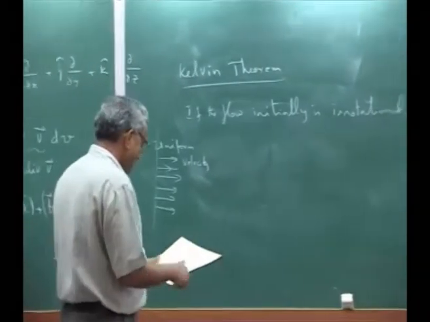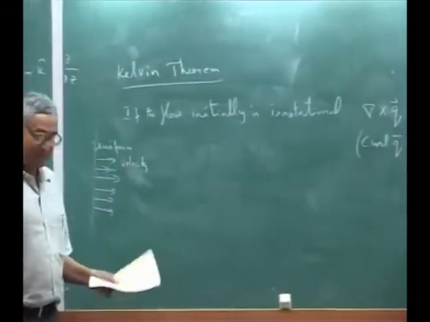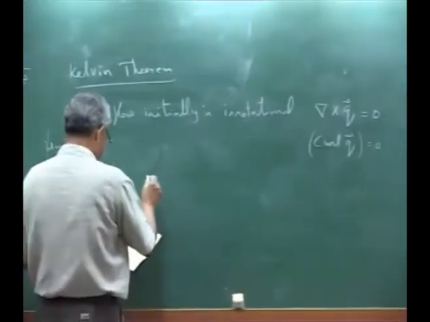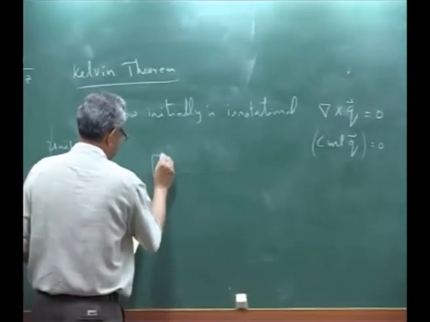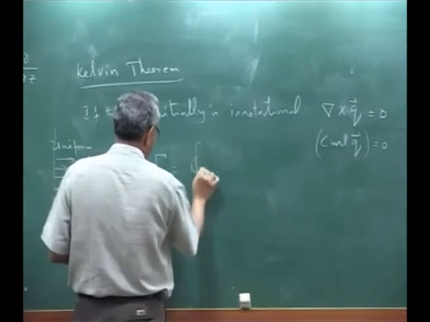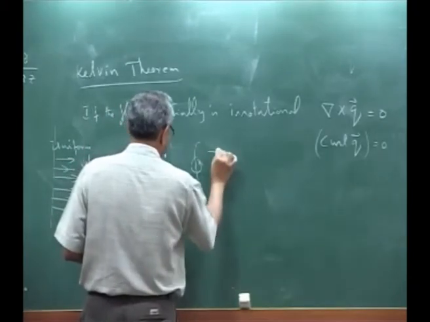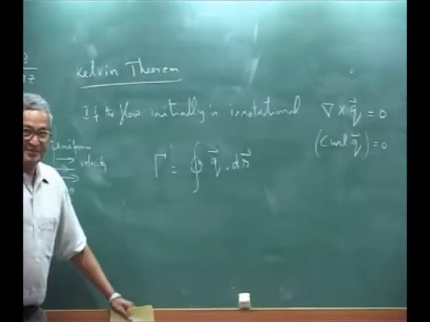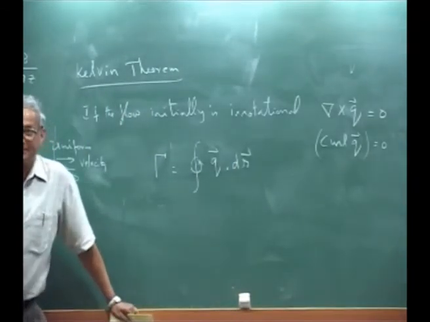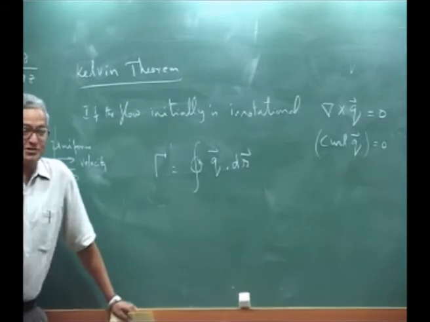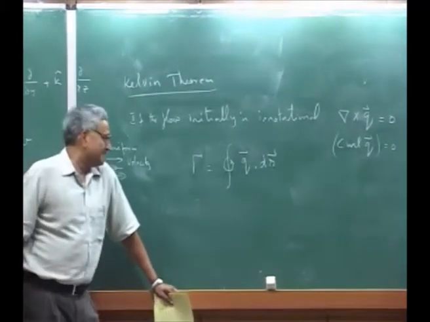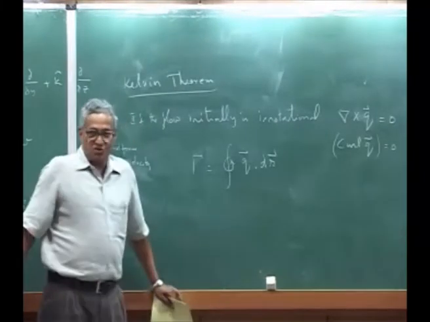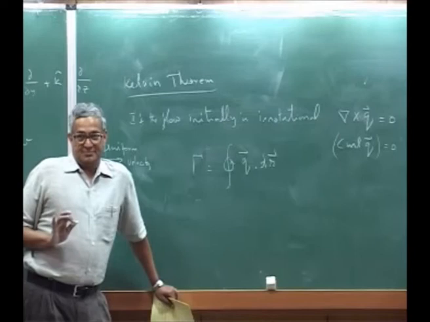Now of course you have to prove that. Because you say gamma is the integral of q dot dr, which is defined over a closed region. Now how do you say this will be 0 always?